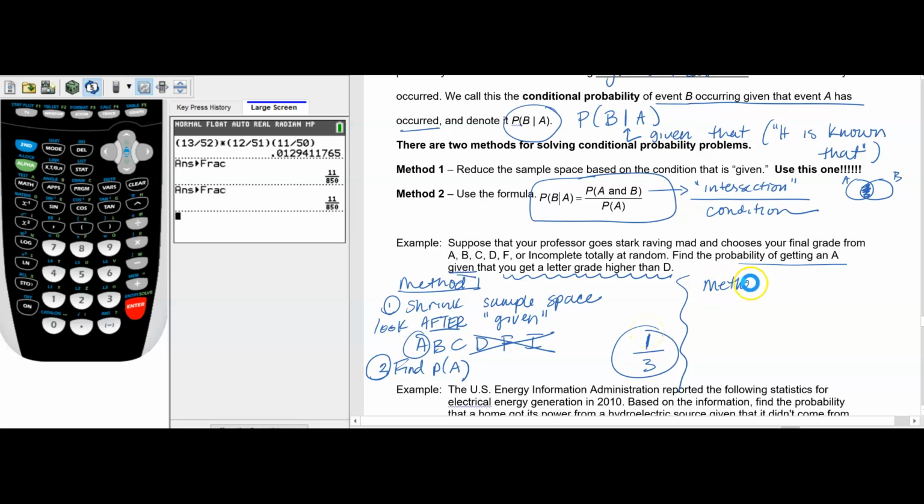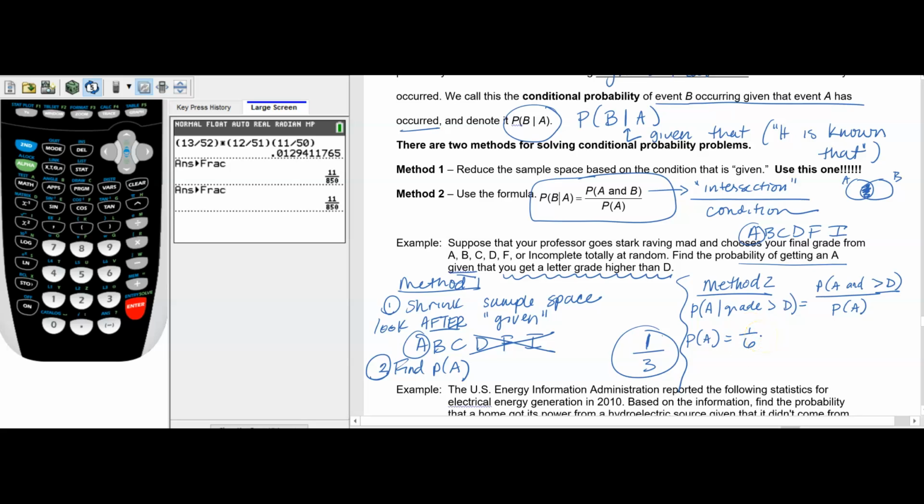Method 2 is to use the formula. So the formula here would be, we're going to do the probability of getting an A given that my grade is higher than a D. So I'm going to find the probability of getting an A and a grade higher than a D and divide that by the probability of getting a grade higher than D. So the probability of getting an A, if my choices are A, B, C, D, F, and incomplete, is 1 out of 6.